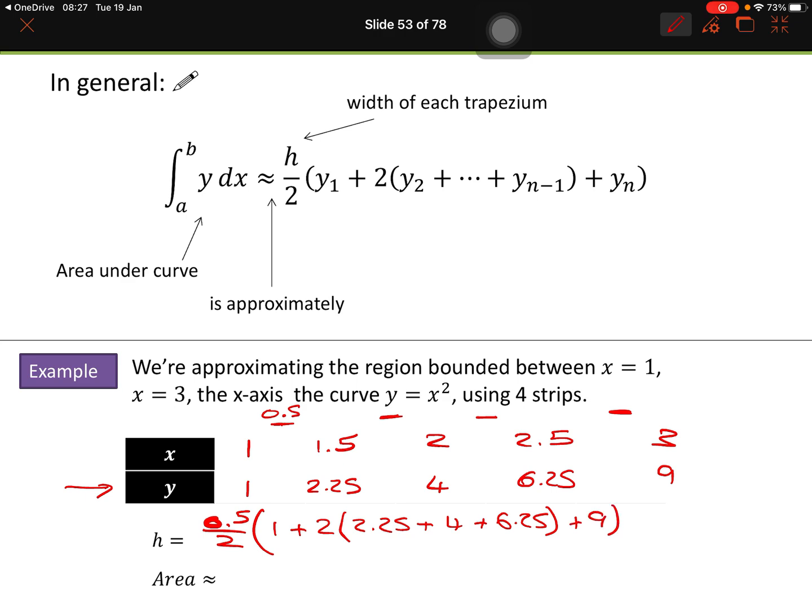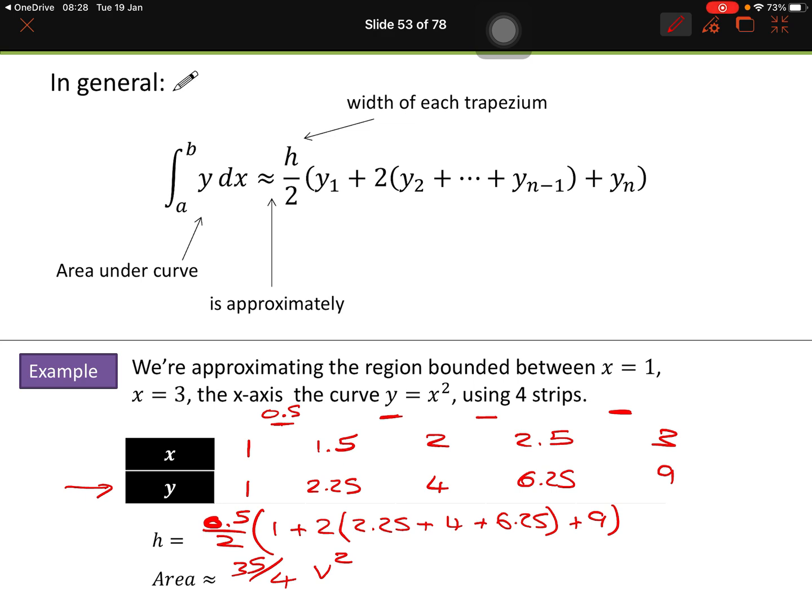Straight through your calculators, and we will get approximately 3.504 units squared. Now this is an approximation, it is certainly not an exact amount. So you've just got to be a little bit careful.